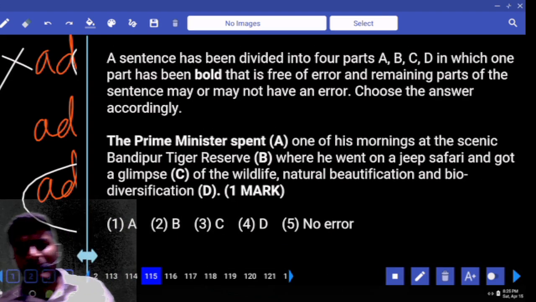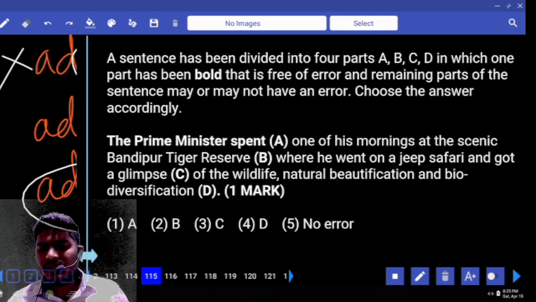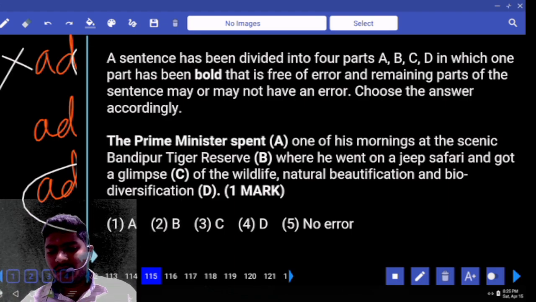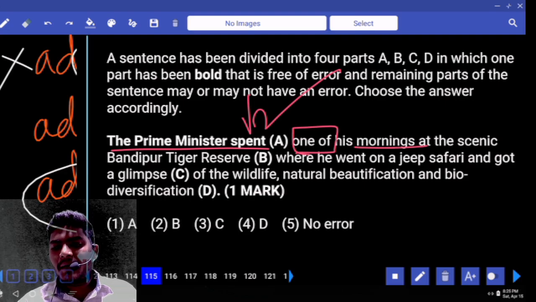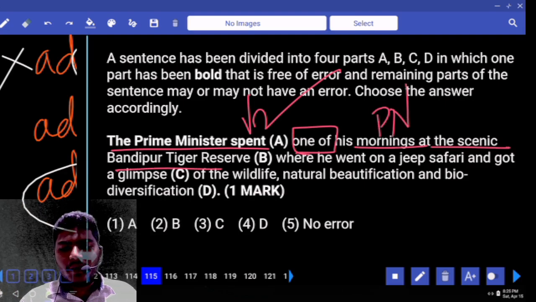The Prime Minister spent one of his mornings at the scenic Bandipur Tiger Reserve where he went on a jeep safari and got a glimpse of the wildlife, natural beautification and biodiversification. First of all, the Prime Minister spent is which verb form here? V2. One of another plural noun, mornings plural noun can be used at the scenic Bandipur Tiger Reserve.